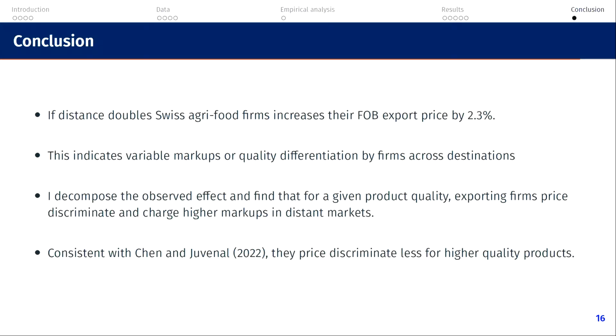So consistent with Chen and Juvenal, firms price discriminate less for higher quality products. So in the end, what I try to show is that some of the variations we see, consumers in certain countries paying higher prices, are not necessarily because it is for higher quality, but because firms are indeed just arbitrarily varying or price discriminating across countries. Thank you.